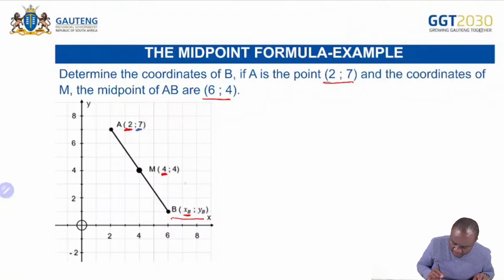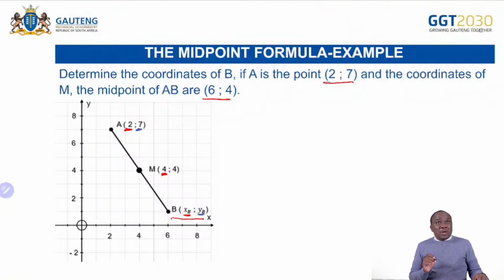Even 7 plus yb divided by 2 must give us, it's the same 4 there, but it's fine, must give us that 4 for the y coordinate of the midpoint. You see that? So the formula does not change. We substitute into the same midpoint formula, and then we solve for the unknown.